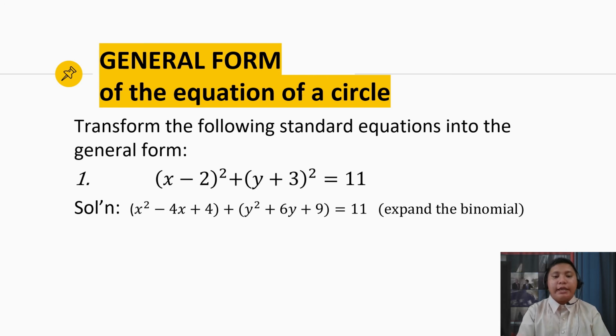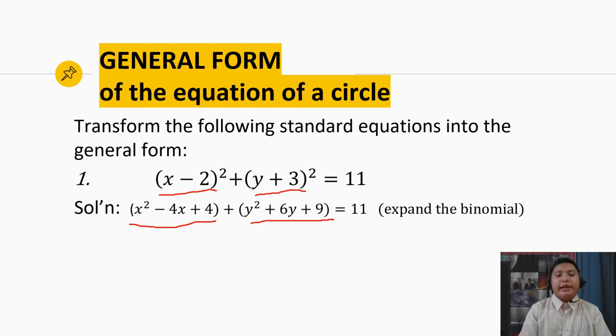You will multiply x minus 2 and x minus 2, and y plus 3 multiplied by itself. The product now is x squared minus 4x plus 4 and y squared plus 6y plus 9 is equal to 11. Afterwards, we will now simplify.